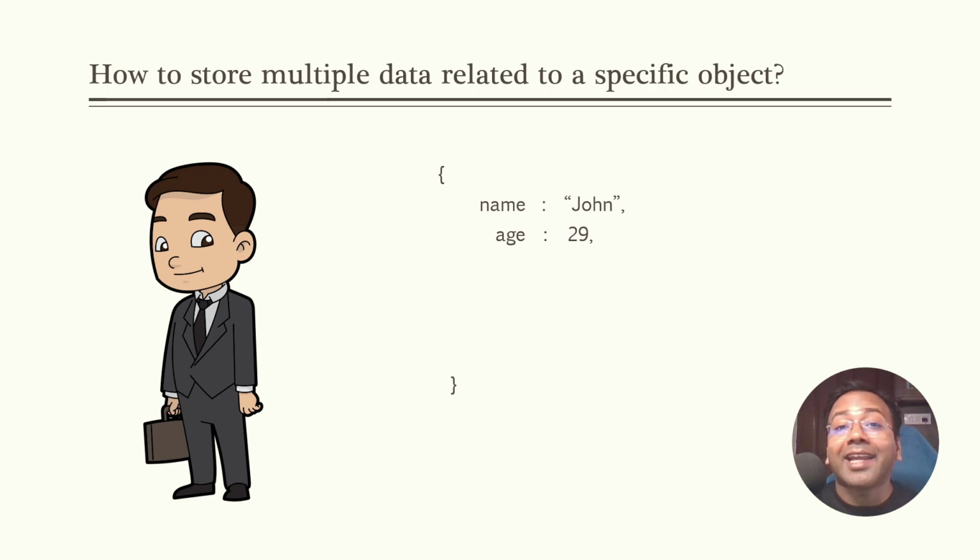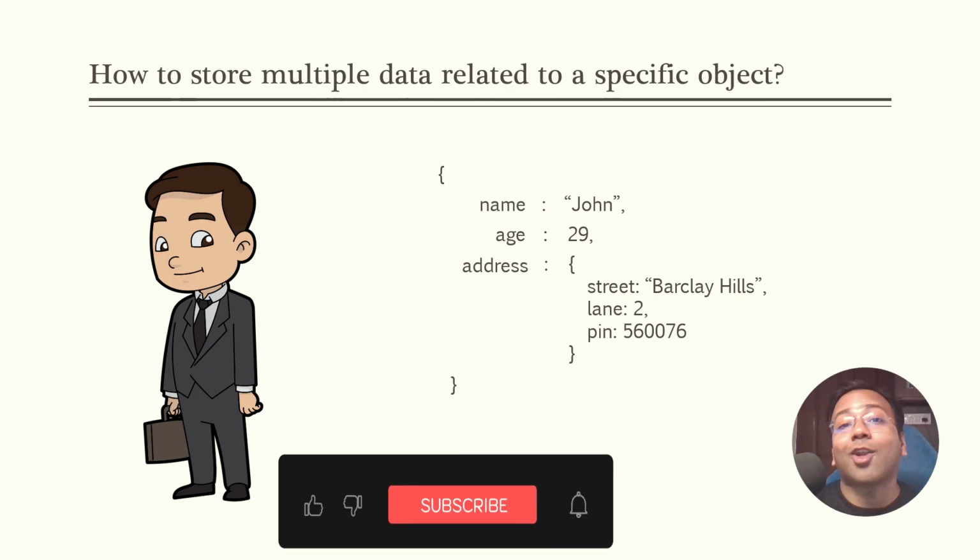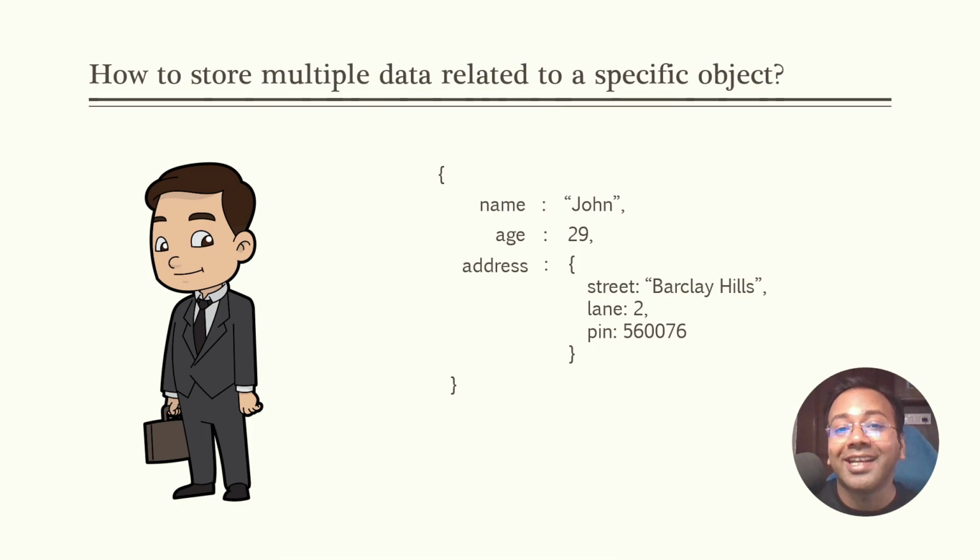And yes, I can also capture an object inside an object, which means it is possible to have nested objects. For example, the address of a specific person. Here John is residing in Berkeley Hills, lane 2, and the pin is 560076. So as you can see, I have captured the address inside another object. It's completely valid to have a nested object in JavaScript.